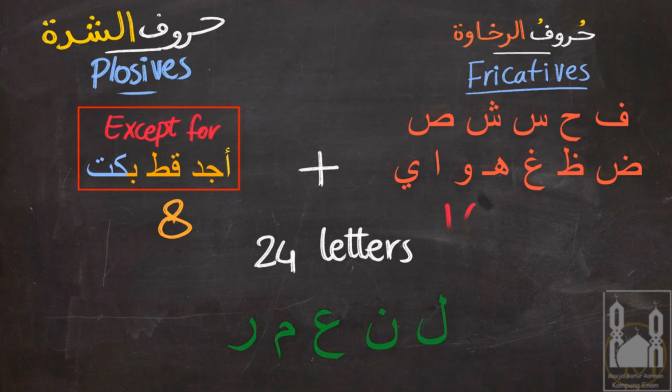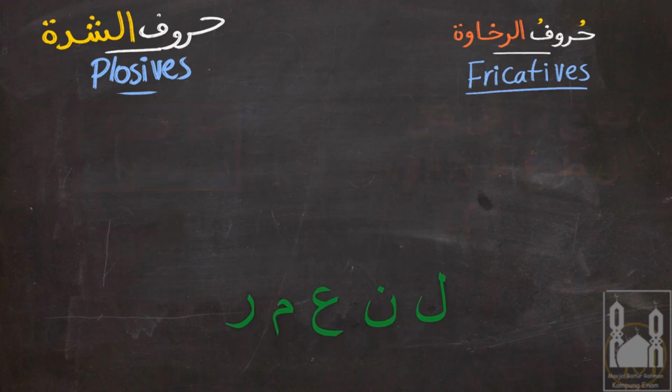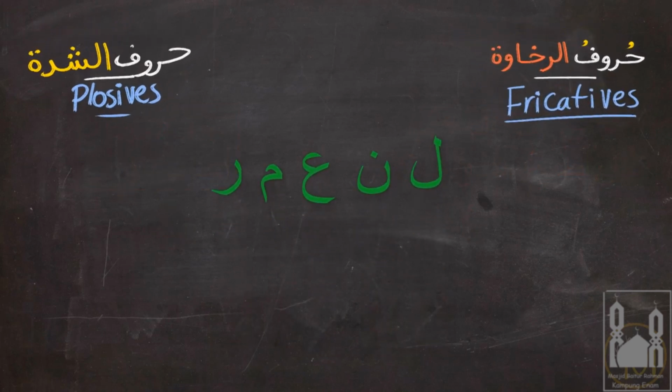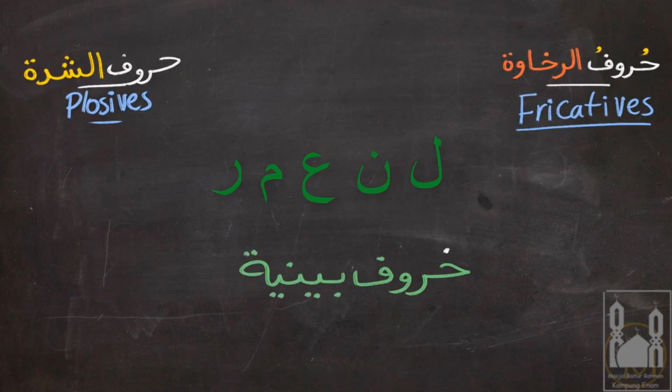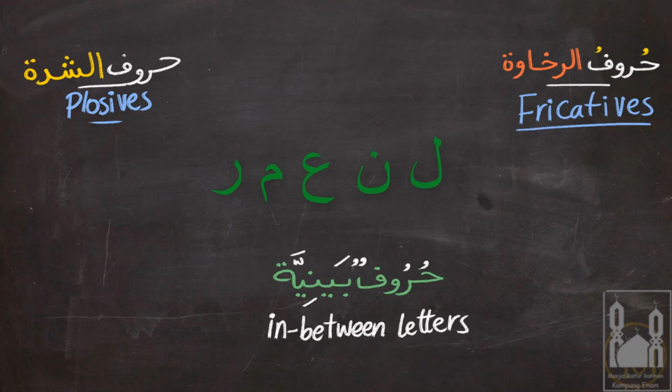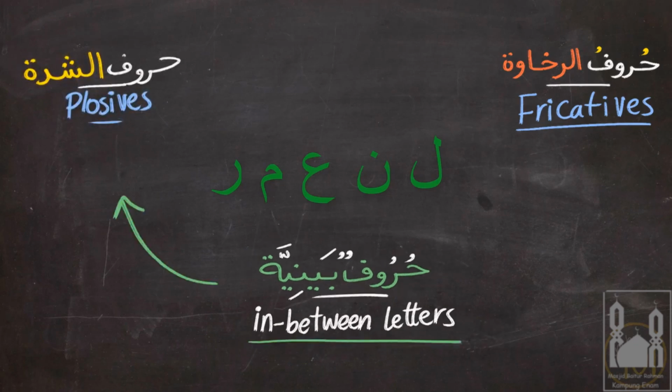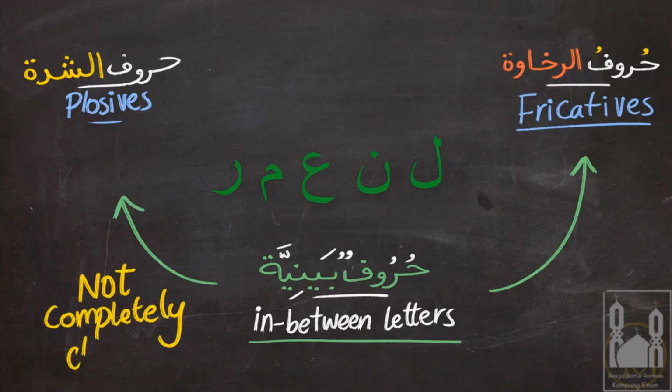Well, indeed, there are 5 remaining letters, which don't belong to either shiddah or rakhawa. We call these letters al-huruf al-bayniyya, which are the in-between letters. They are between shiddah and rakhawa. And this means that their makhraj is not completely closed as in shiddah or partially open as in rakhawa.